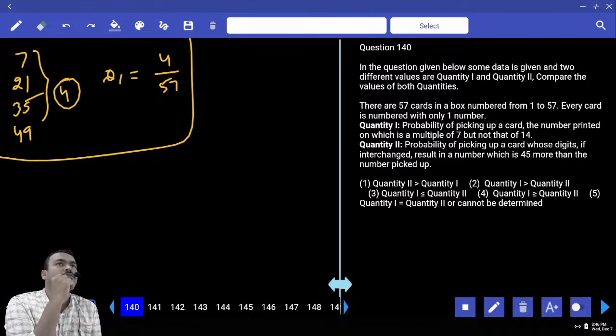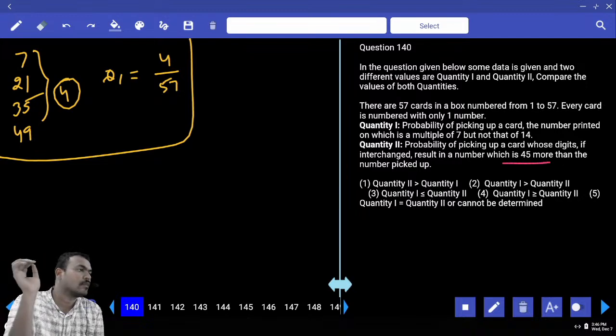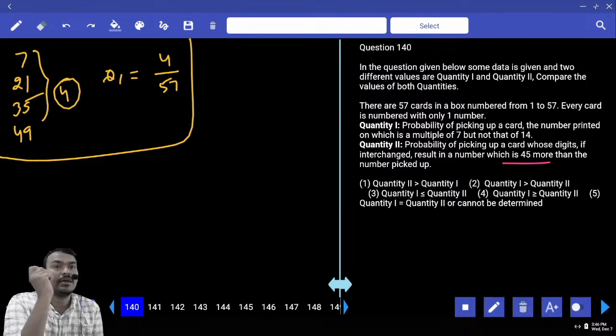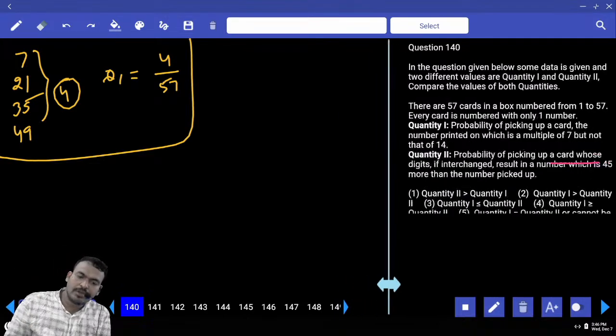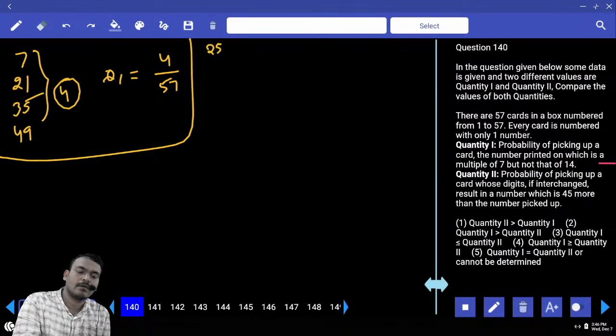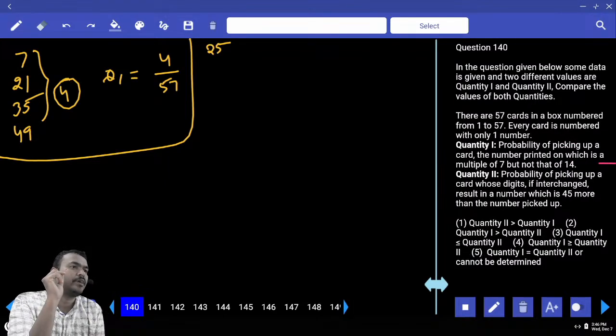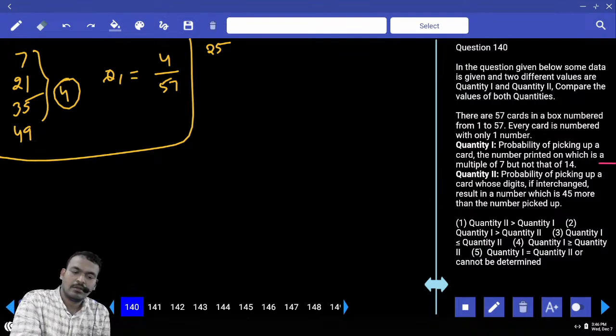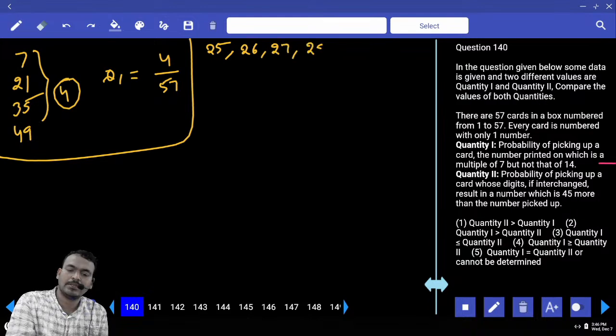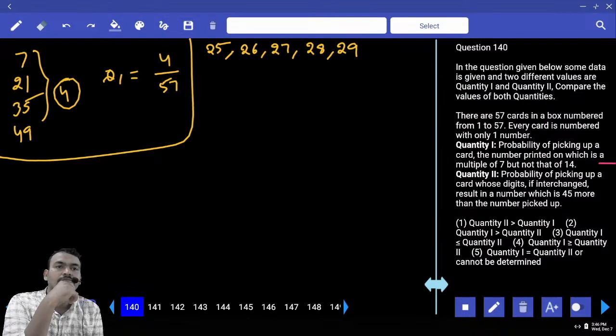Okay, suppose you consider 24, reverse is 42. Interchanging the digits, 24 reversed is 42. Is that 42 more than 45? No. But for interchanging the digits, the resultant number should be more than 45. Suppose you consider 25, interchanging the digits gives 52, which is more than 45. 25, 26, 27, 28, 29, yes or no?